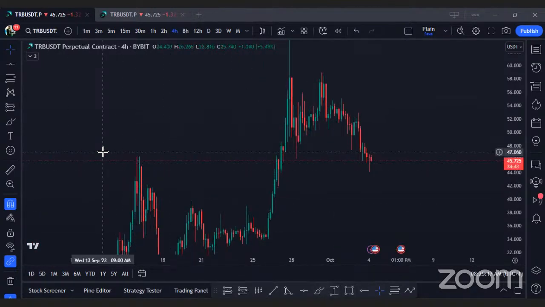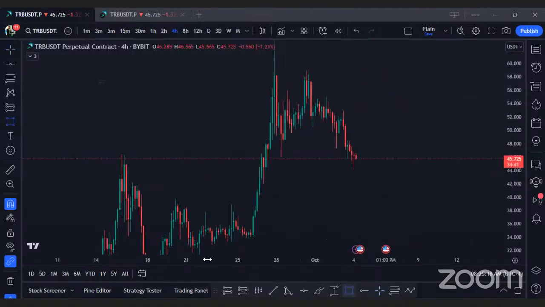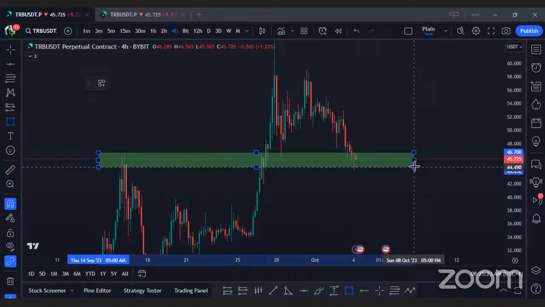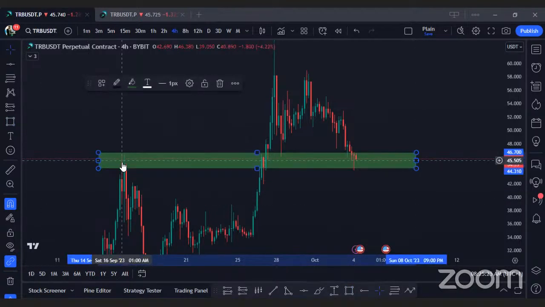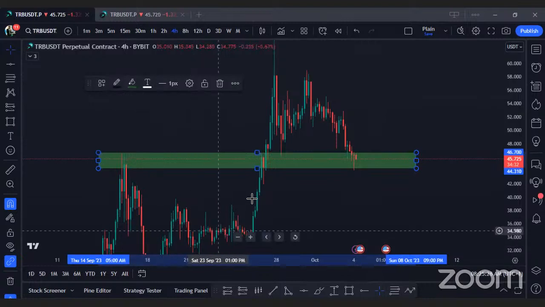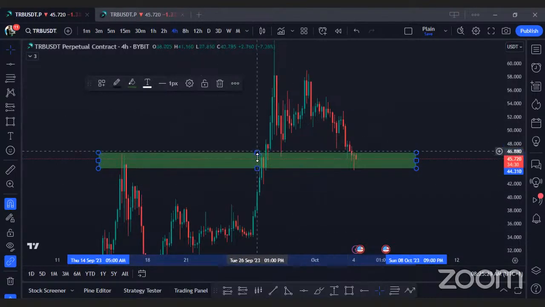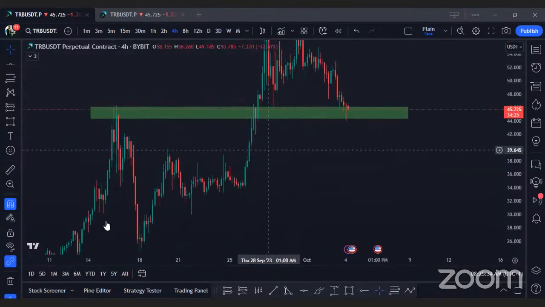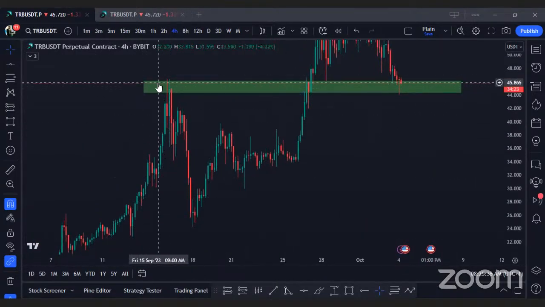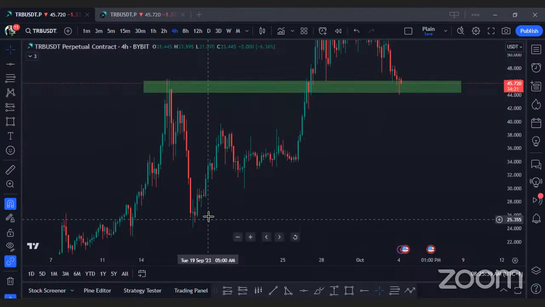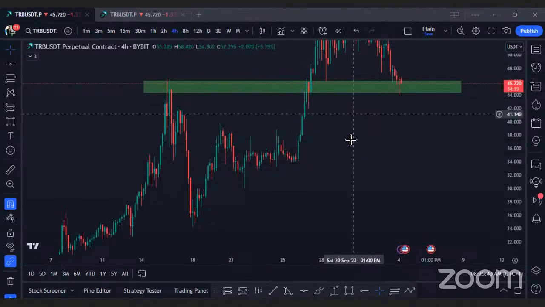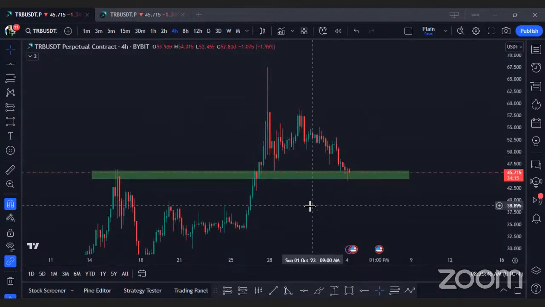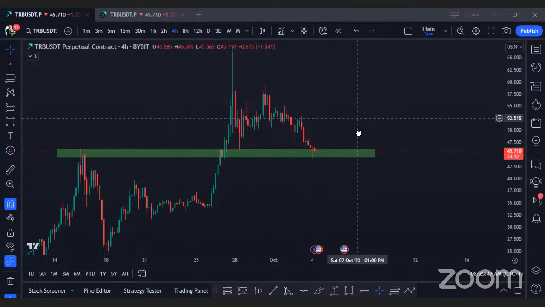This was our previous resistance, where we went and rejected back before we broke it. Remember we rejected at that $45 level, came back down, went up, and continued to the upside until we got up to $67.